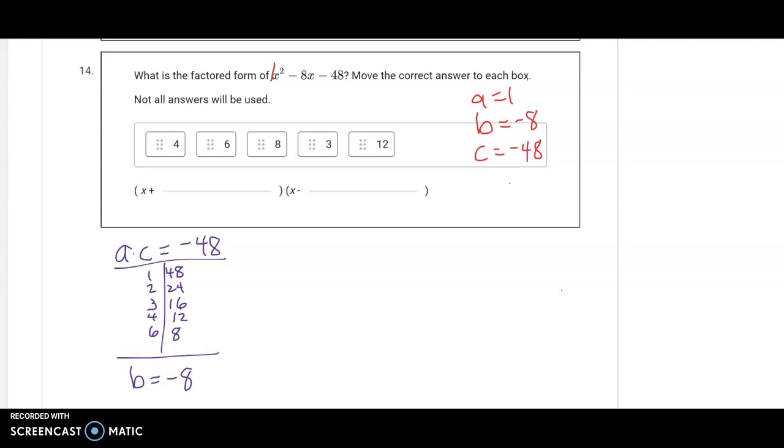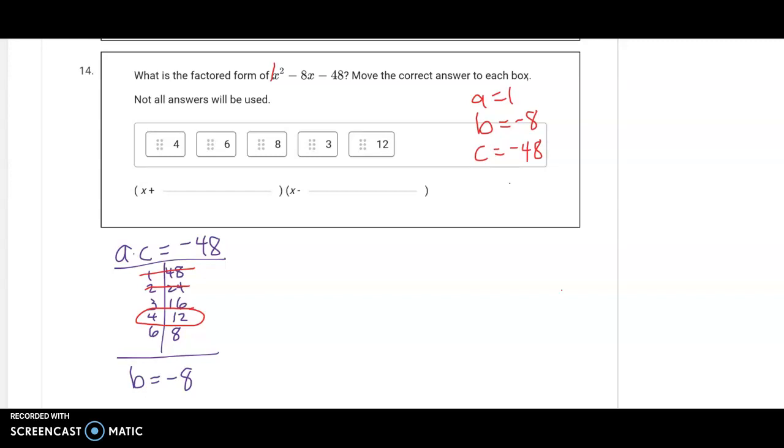Now those are all positive though. We need -48. So usually what I think about is if I add the numbers or subtract them, one of them should equal 8. I know it's not this first one. Those don't add or subtract to give us 8. Or these ones. But I do know, even though 4 plus 12 is 16, 12 minus 4 is 8.